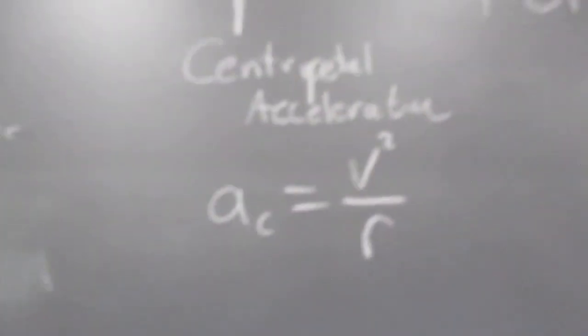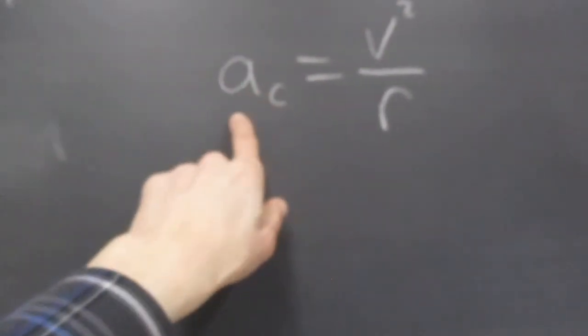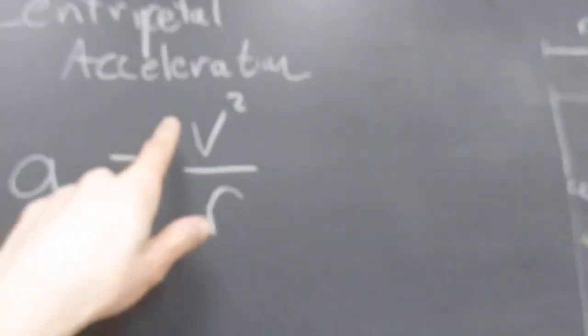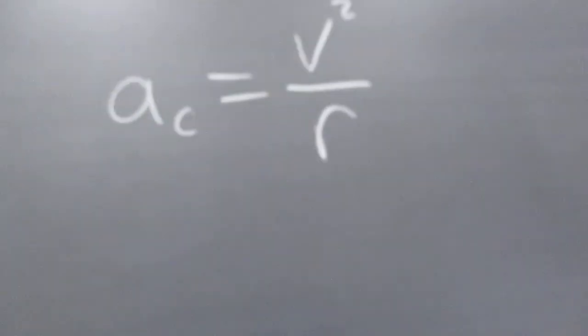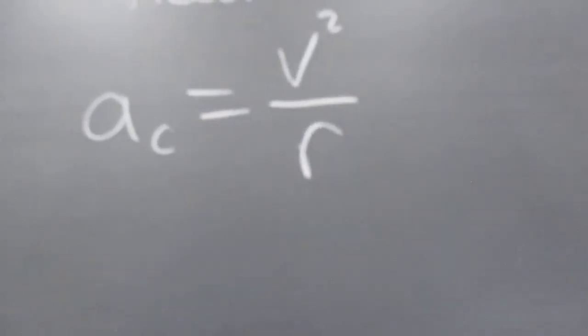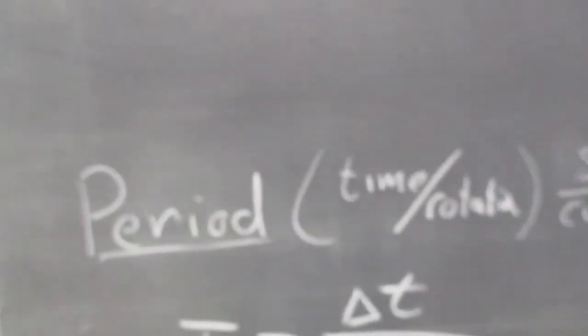Okay, so how do we collect our data? To get a centripetal acceleration, we need velocity and radius. We can measure the radius, so we need velocity. In order to get velocity, we're going to measure the period of rotation.